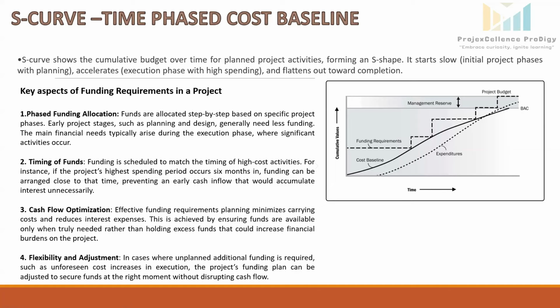Phased funding allocation means providing the funds gradually as the project progresses through the different stages. In the planning and design phase, less money is needed, and the largest amount of funding is usually required during the execution phase when the main work takes place.